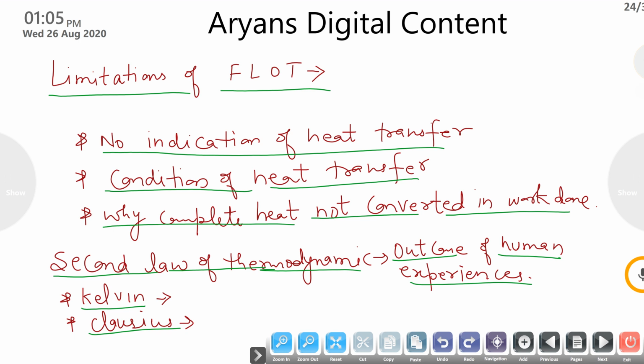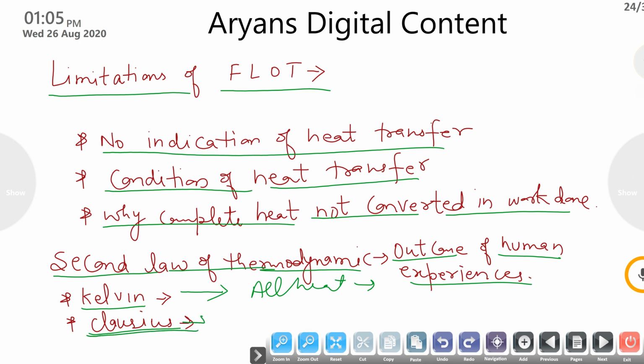In Kelvin you will see that it is written that it is not possible to convert all the heat into work done. You have to reject some amount of heat. It is not possible to completely change all the heat into work done.